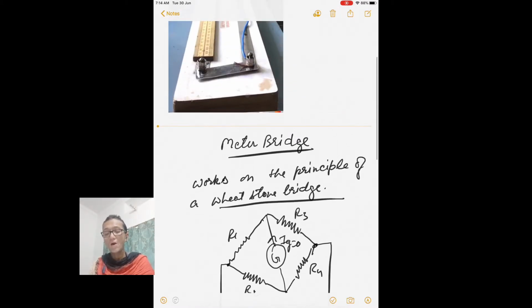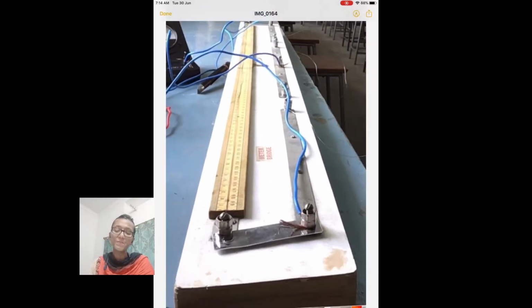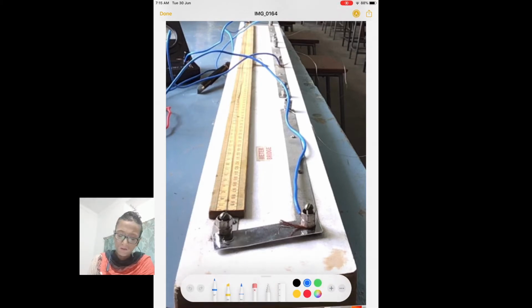Now, how is it related to our meter bridge? A meter bridge makes your work simpler. Here, out of the four resistors, you have to connect a galvanometer. A galvanometer is connected at this very point.